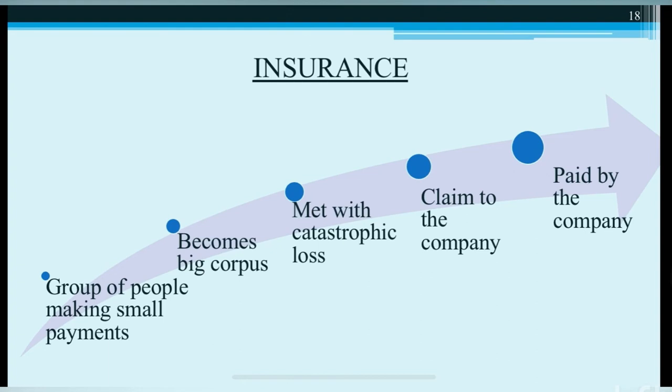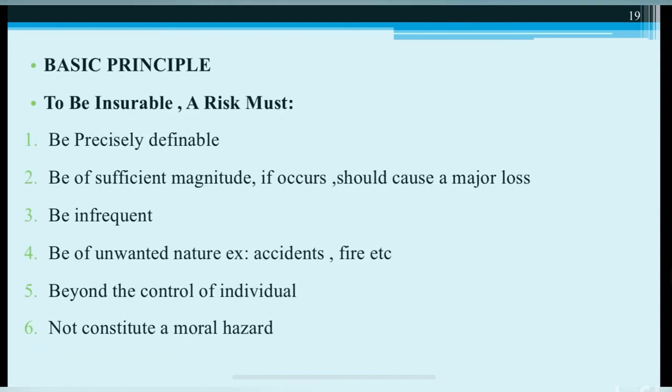In that context, insurance is a group of people making small payments, which become a big corpus, and when met with a catastrophic loss they claim to the company and in return are paid by the company.